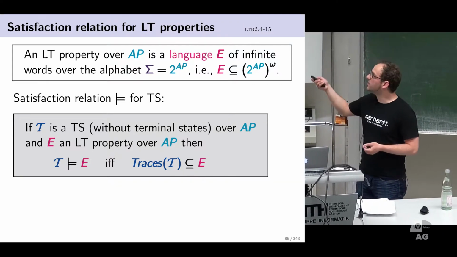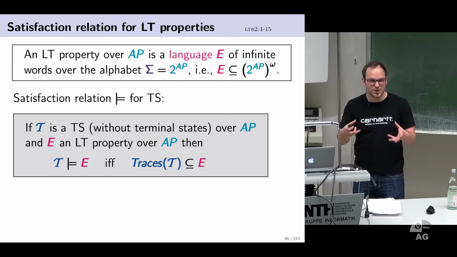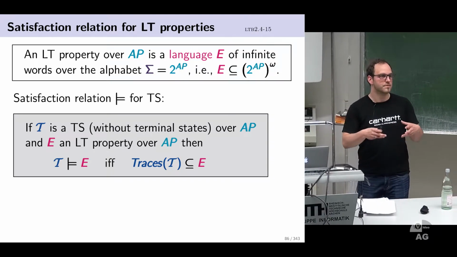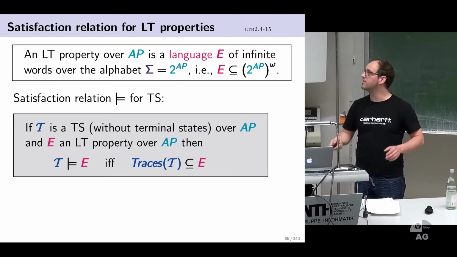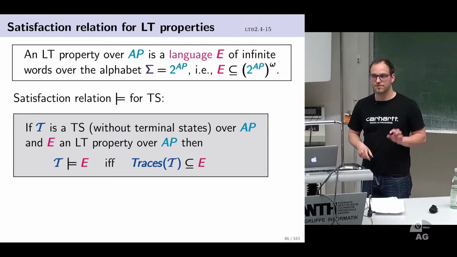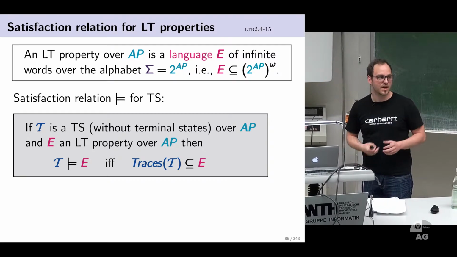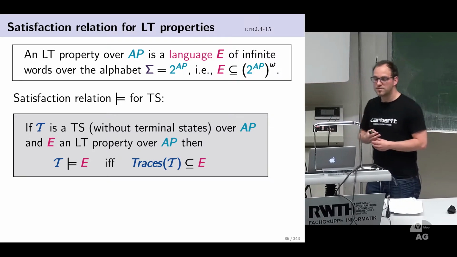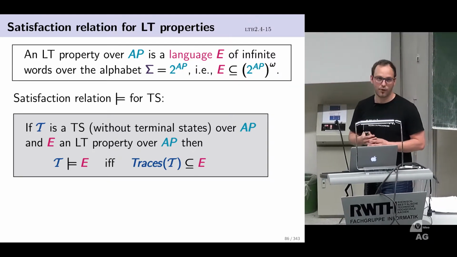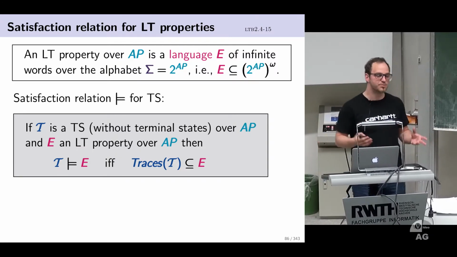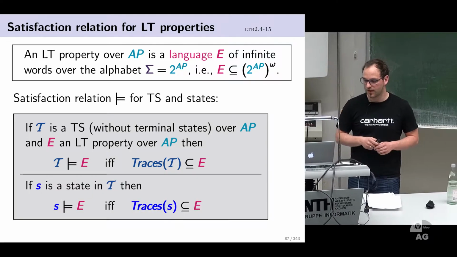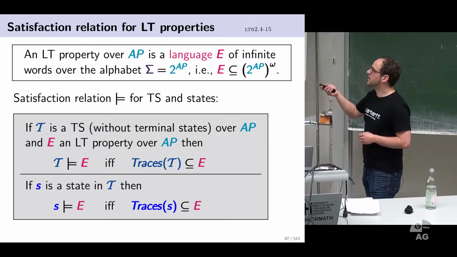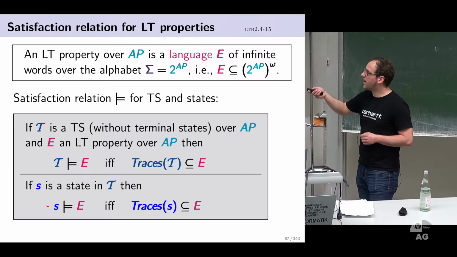Because it somehow means that what your transition system can do is all safe. The property says these are the allowed behaviors, and all behaviors of your transition system are contained in these behaviors, so all behaviors of a transition system are allowed with respect to the linear time property E. And because that will be convenient later, we're also going to define that for a state.